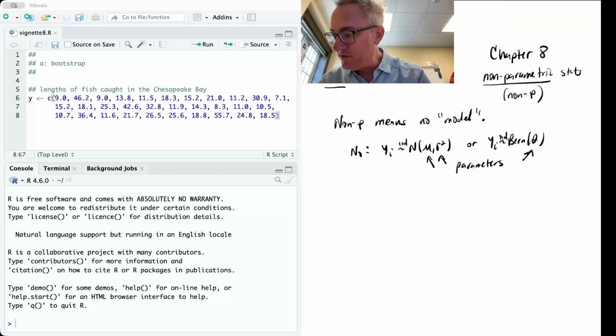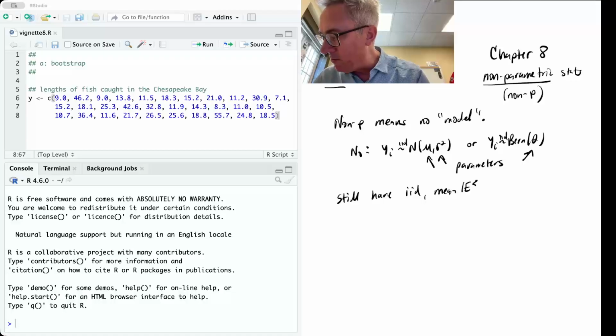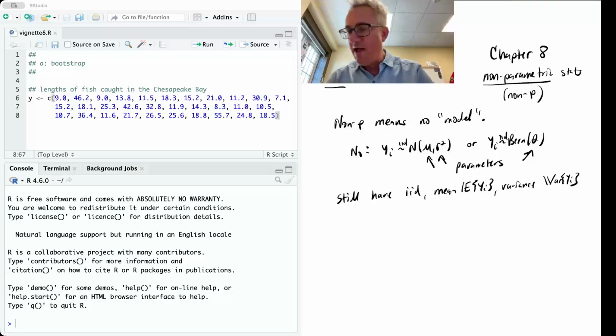So we still have concepts like IID and mean or expected value of observations or variance, right, var. So we still have many probabilistic or statistical concepts, just no model and no parameters that go along with that model.